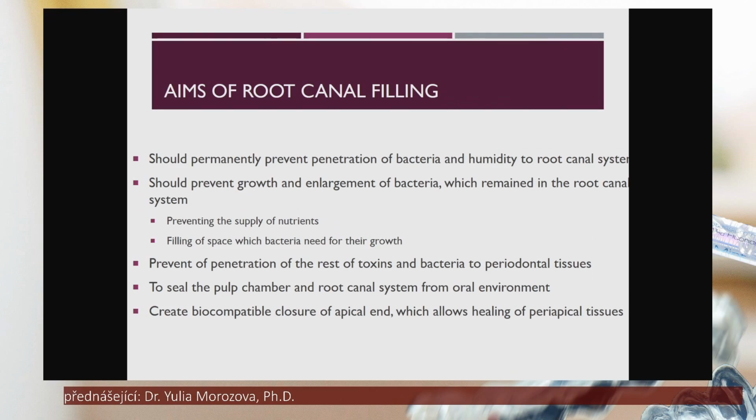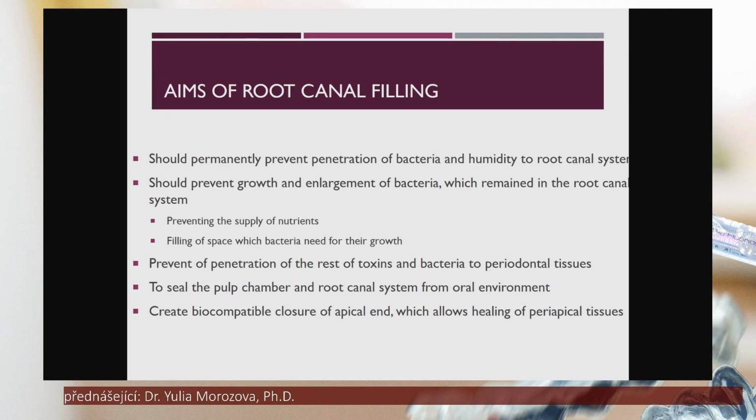So, which aims of root canal obturation should we have? First of all, perfect obturation of the root canal system provides permanent prevention of bacteria and humidity penetration into the root canal system.